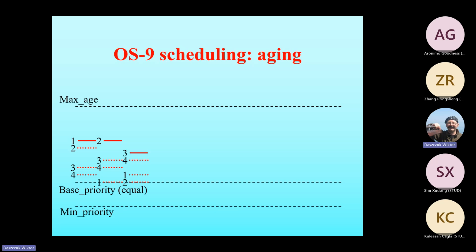And again, now process 3 is the highest priority, because process 2 was reduced to base priority, and every other process raised by 1, and so on and so on.